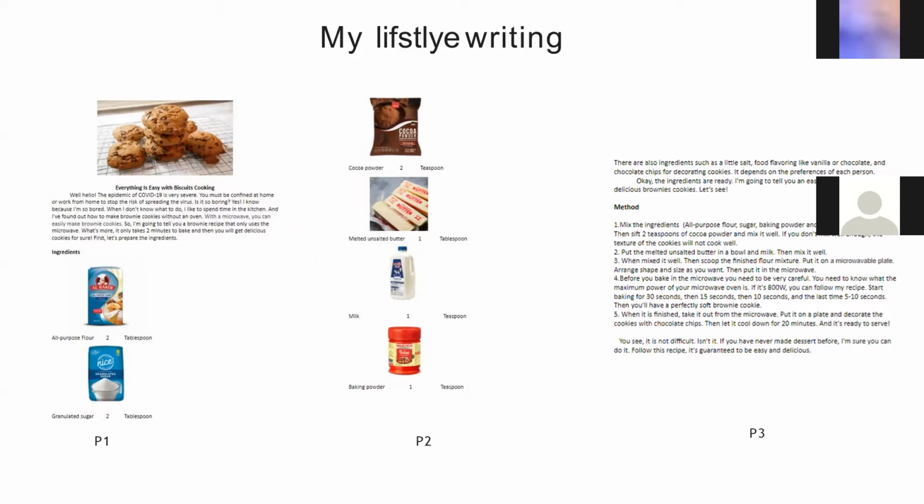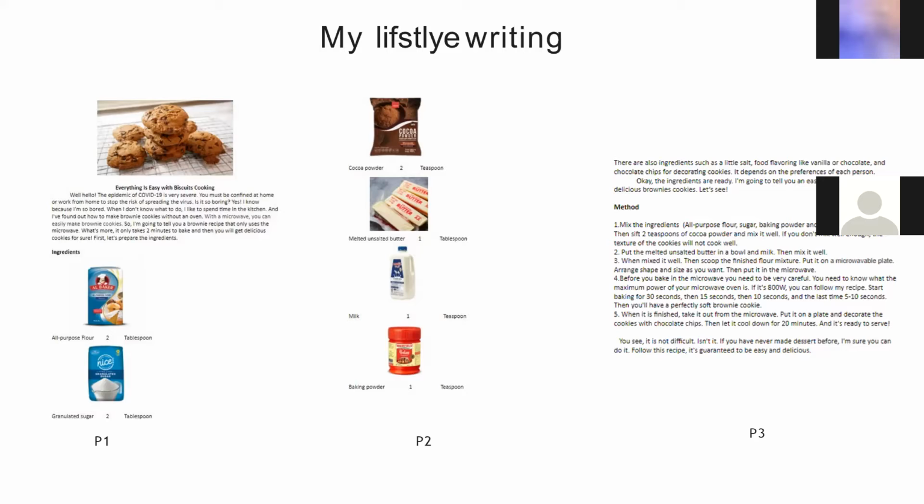And in my writing, I talked about the ingredients. I put a picture in the ingredients to make the audience who never knew about the ingredient before get more understanding.